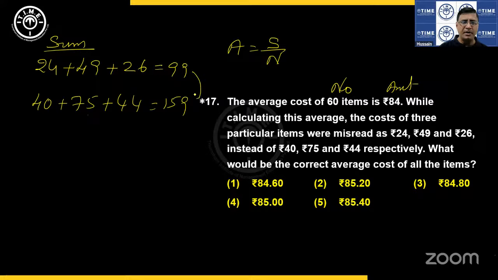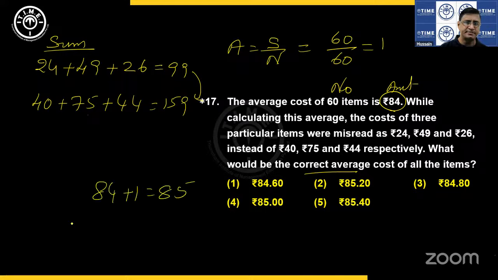Now here, misread 60 less. Difference in the sum is 60. Number of items is 60. So what is the impact? 1. So what is the actual average? What would be the correct average? 84 plus 1, that is 85.